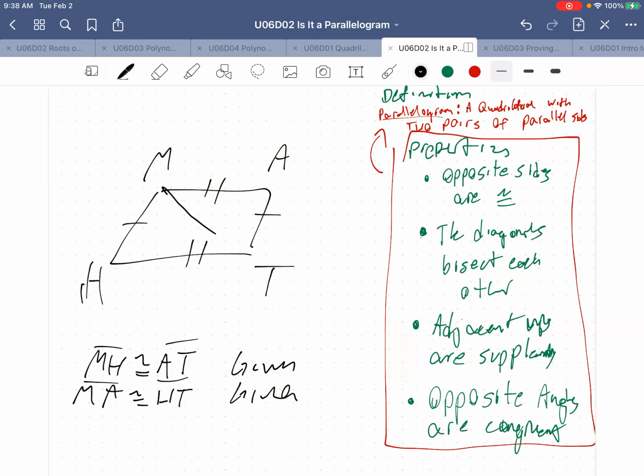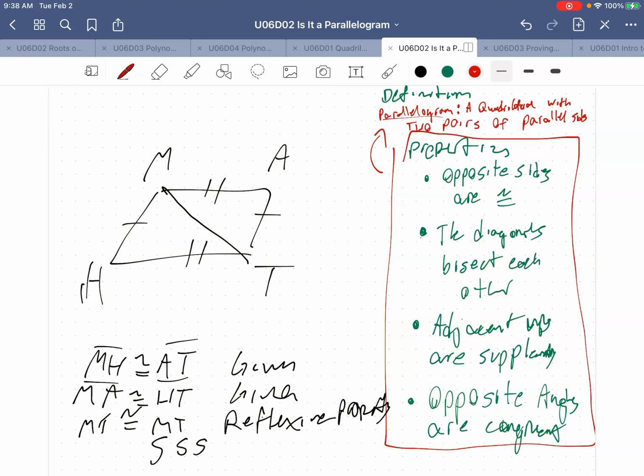Well, the first thing we're going to do is draw a side MT and say MT is congruent to MT by the reflexive property. Which makes the two triangles congruent by SSS. Again, I'm not trying to write a formal proof here, I'm just trying to give you the information you need in order to see that the two pairs of sides are parallel.